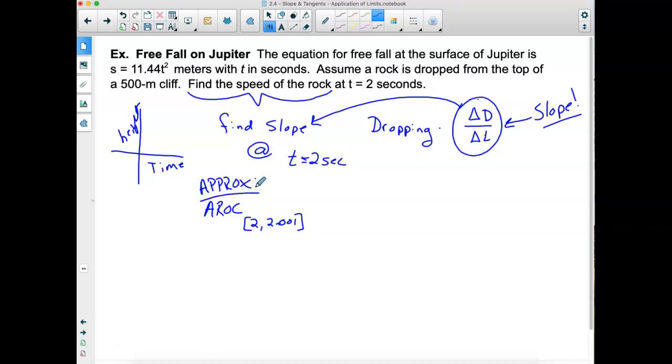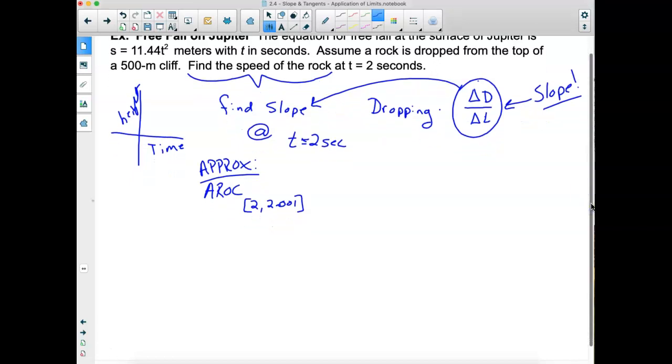So in my approximation, I need to be able to find f of 2.001 minus f of 2 over 2.001 minus 2. That is going to be my speed of the rock.